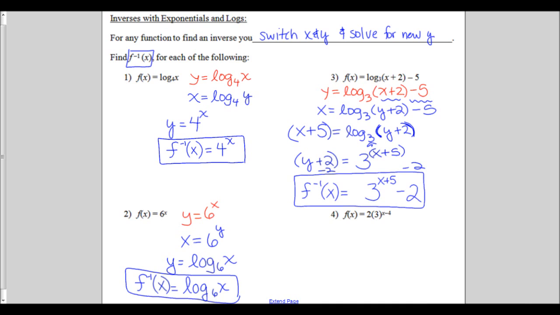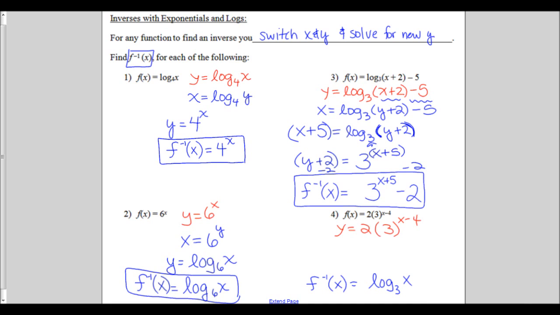Going through the same type of example in number 4, our original function was y equals 2 times 3 to the x minus 4. If I'm just going to work my way through this logically, my inverse function, the opposite of a 3 to the x function, my parent function is going to be a log base 3 of x function.